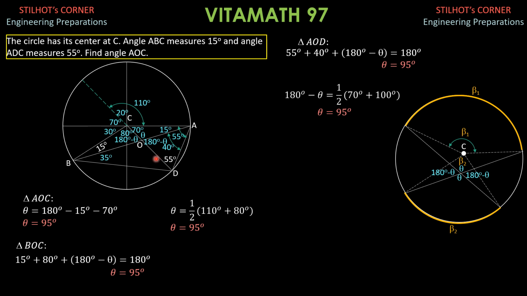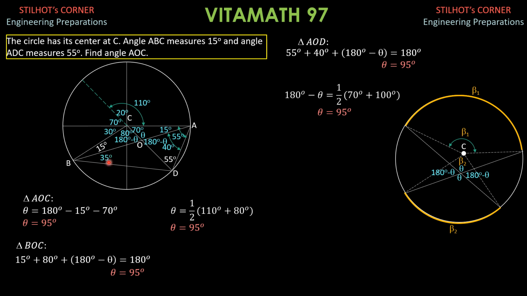This is 50 degrees. Triangle BCD is an isosceles triangle. This is 50 degrees, so this must also be 50 degrees. That's why 50 degrees minus 15 degrees is 35 degrees.